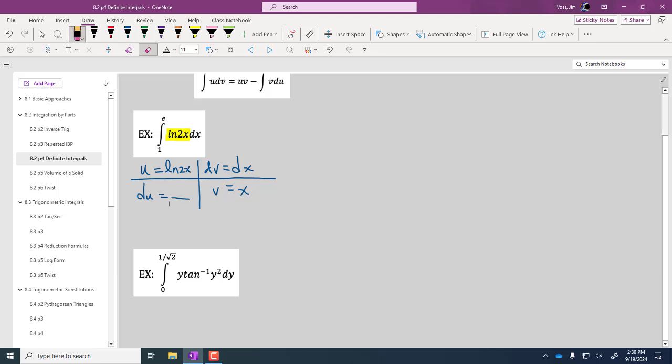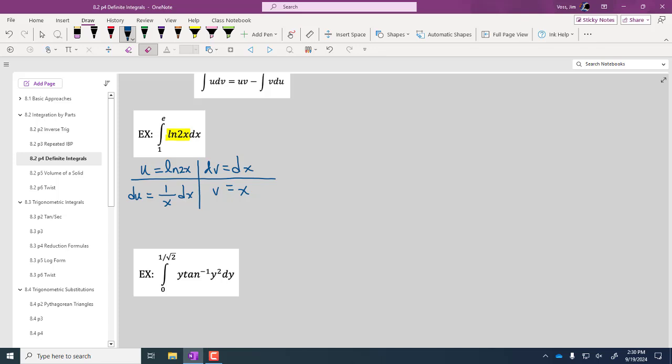And can someone tell me what the derivative of natural log 2x is? Everyone agree? It'd be 2 over x. So let's think about it. The rule for a log is 1 over the inside, so 1 over 2x, multiplied by the derivative of the inside.